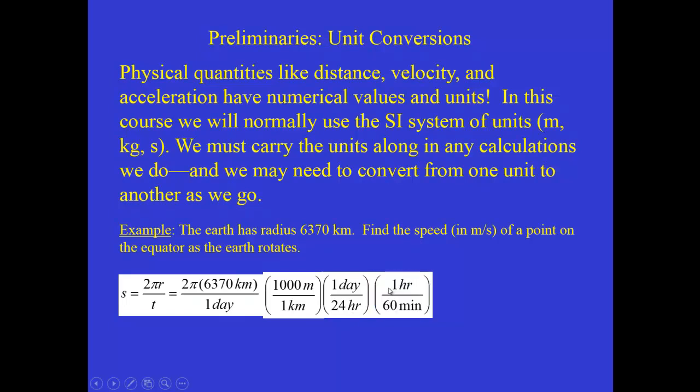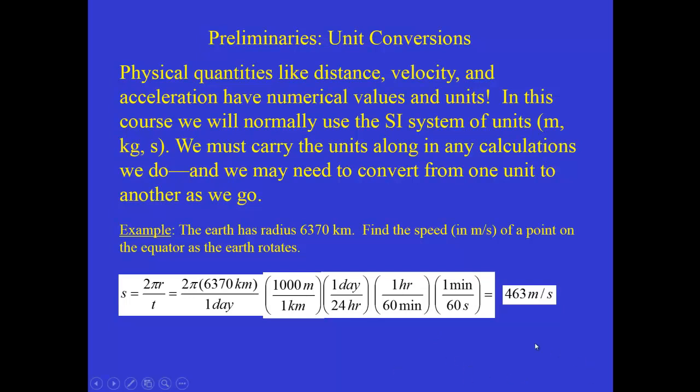Now I can go from 1 hour to 60 minutes, and then finally 1 minute is equivalent to 60 seconds. So if I treat the units as algebraic quantities, kilometers cancels, days cancel, hours cancel, and minutes cancel, leaving behind an answer in meters per second.